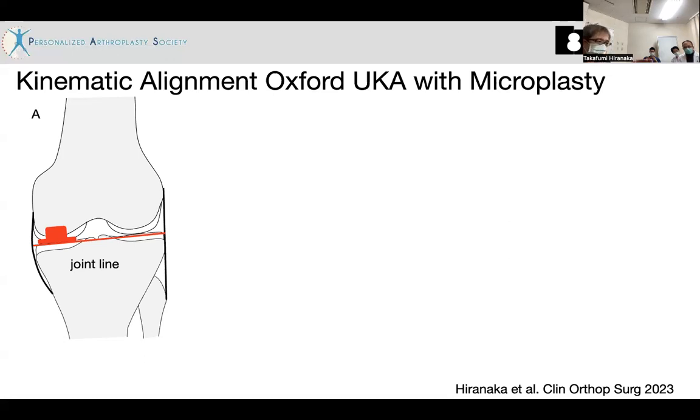Sometimes the medial condyle and lateral condyle can have a proximal apex, or sometimes a distal apex. But in most cases, the medial slope of the medial tibial plateau represents the joint line.